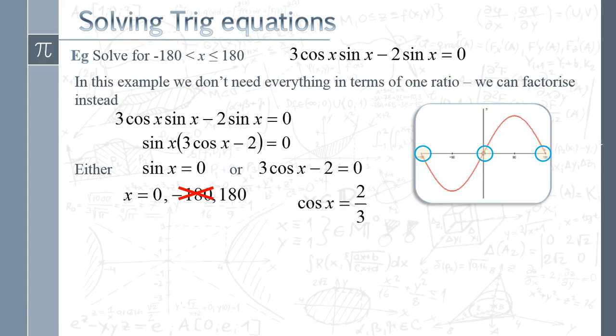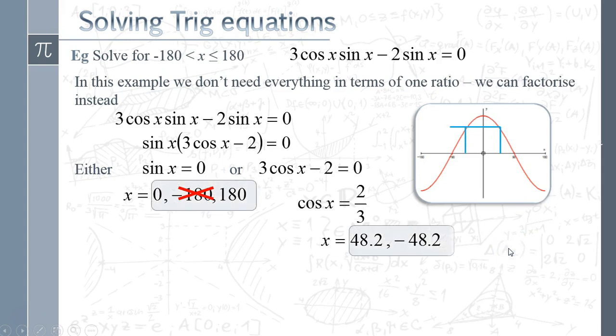And then on the other side we've got cos x equals 2/3, so x is 48.2, there's my cos curve, and I've drawn it between minus 180 and positive 180, so that's why my cos curve looks a little bit different from what you might be familiar with before. And so our two values, there they are, and it turns out that's 48.2 and minus 48.2. And away you go.